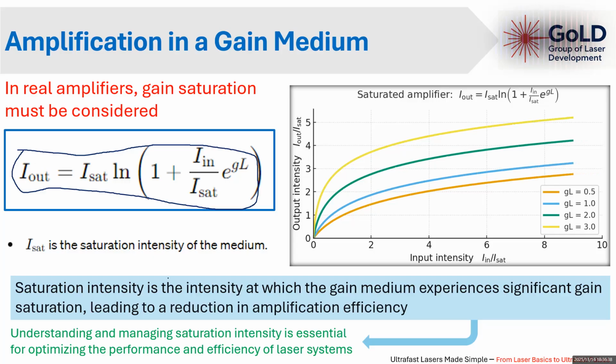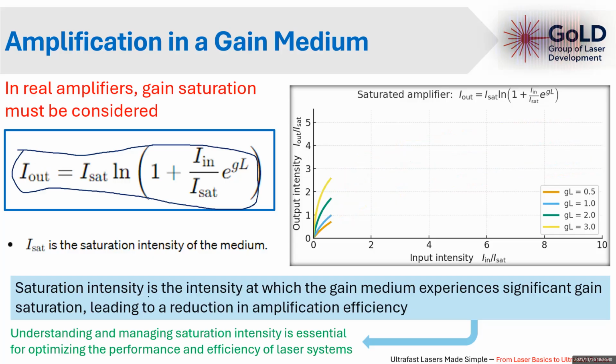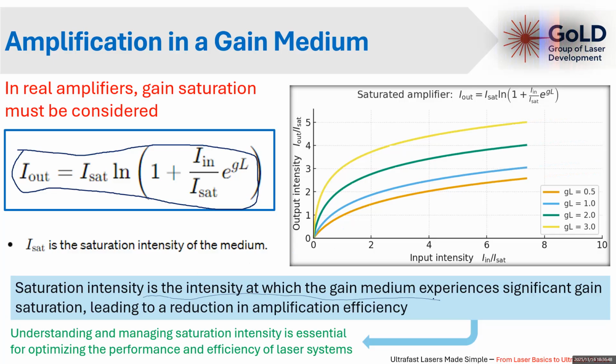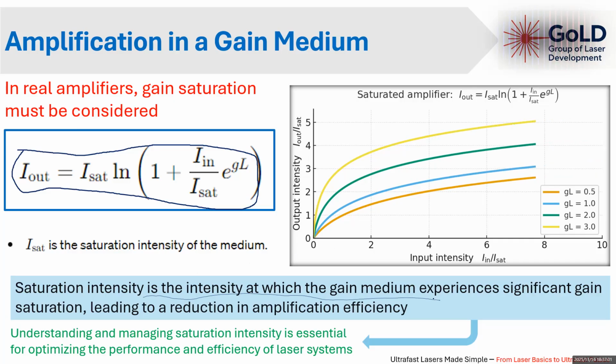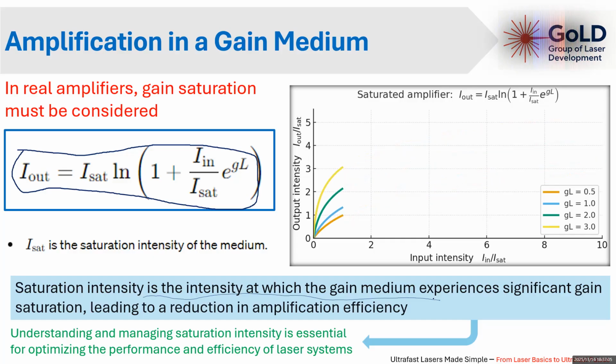You can read here that saturation intensity is that intensity at which the gain medium experiences significant gain saturation. Gain saturation means it's saturated, and at that point the efficiency is reduced. It cannot amplify efficiently.